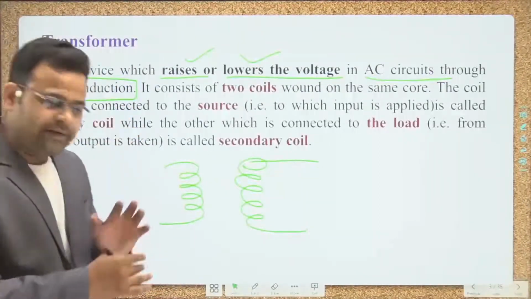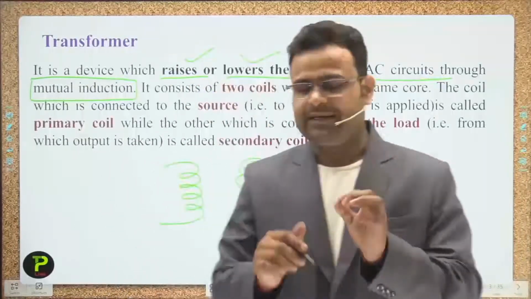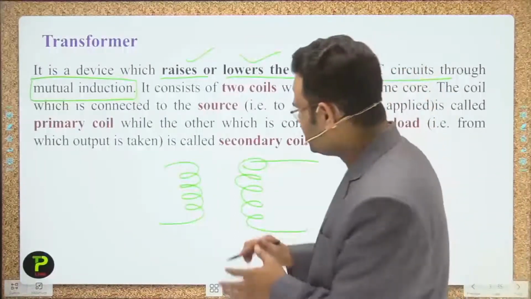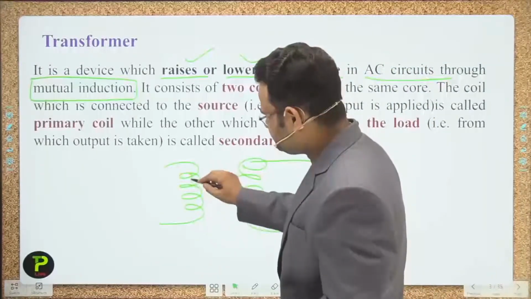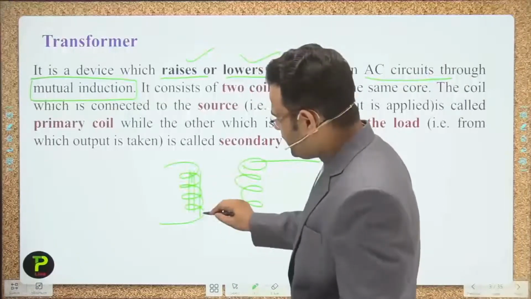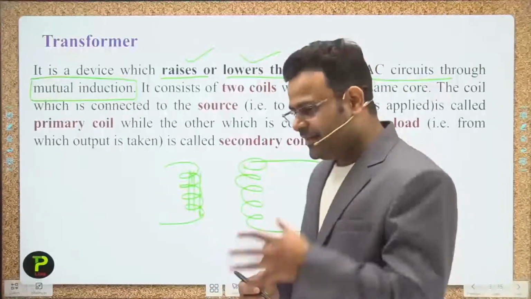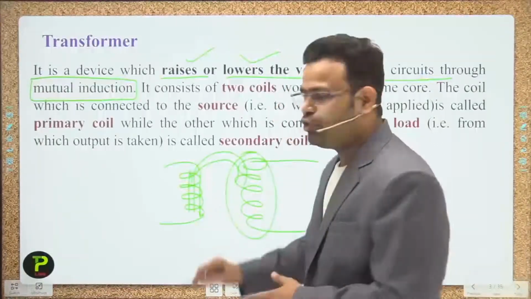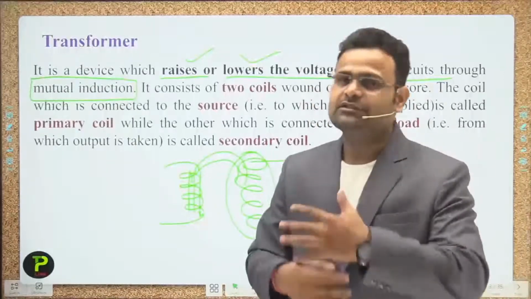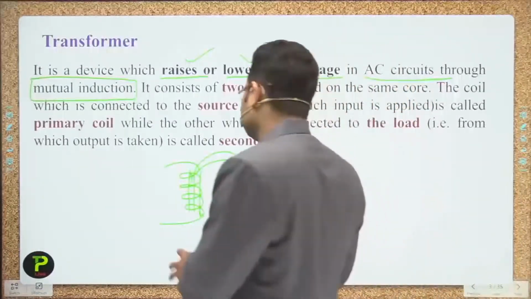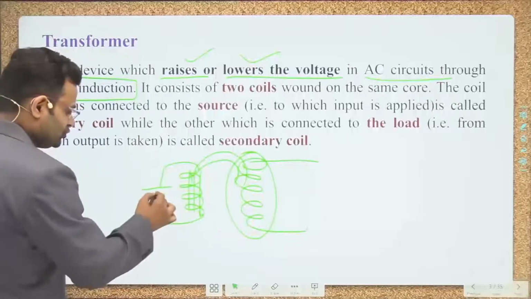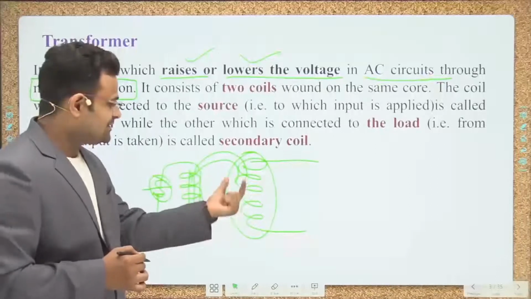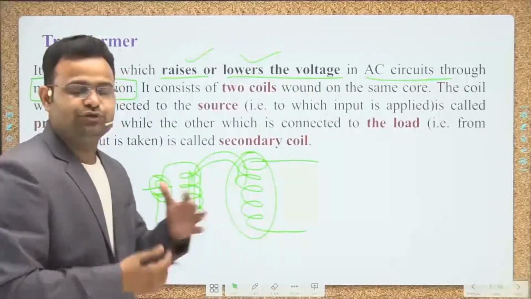This term is explained completely in higher classes, guys, but here we consider only the basic meaning. If current flows in the coil and the current is alternating, then the magnetic flux passing through that coil also changes. Due to the change in that coil, the flux also changes in the secondary coil. So that is mutual induction, guys.